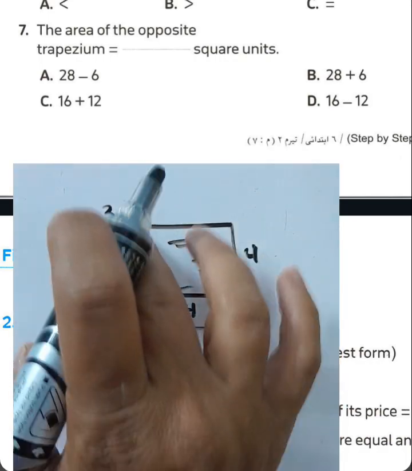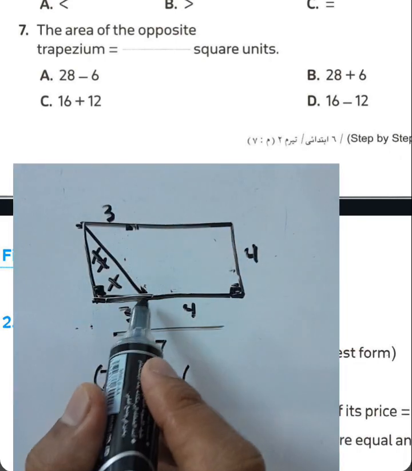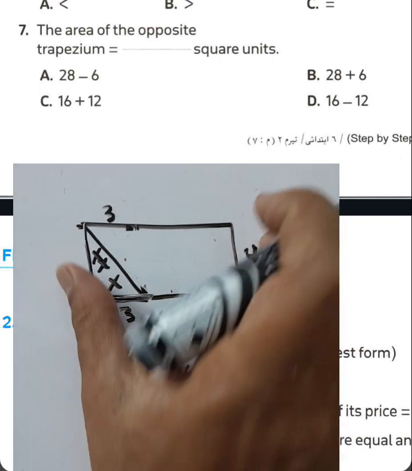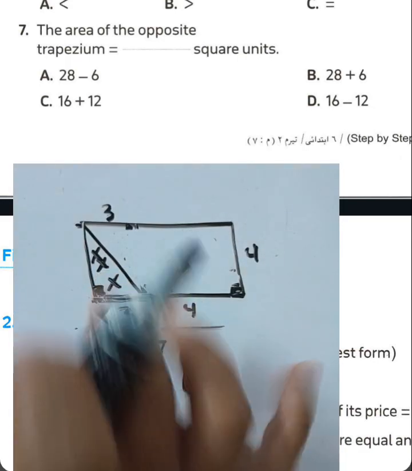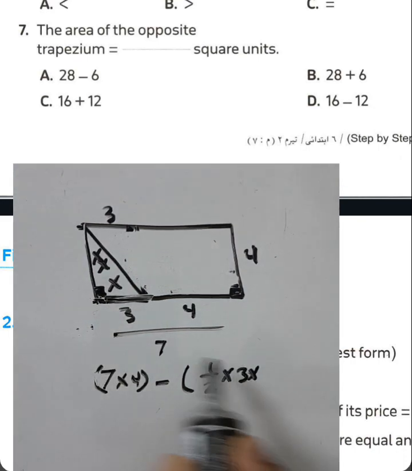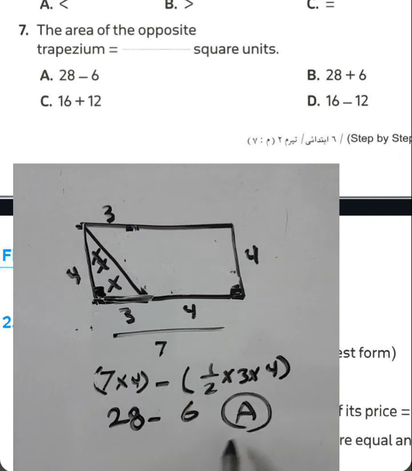Then the result will be 28 subtract 6. Choose letter A. You can solve this example by any method, such as dividing this into a triangle.